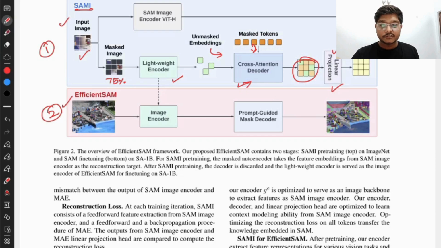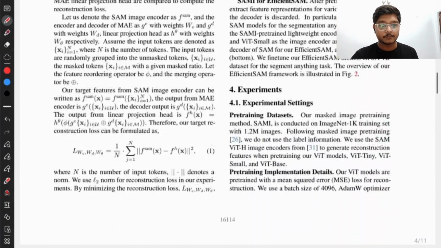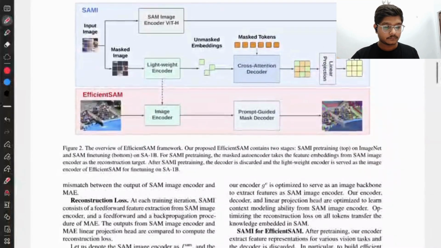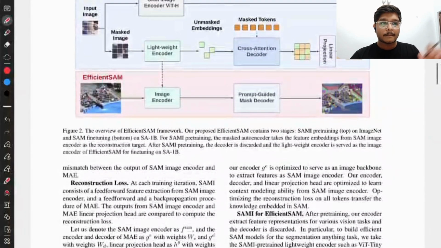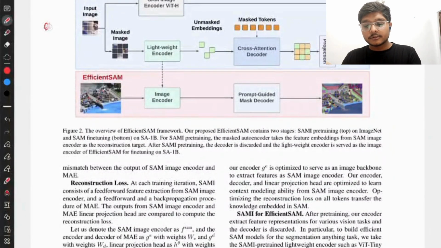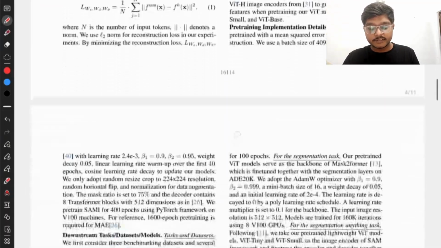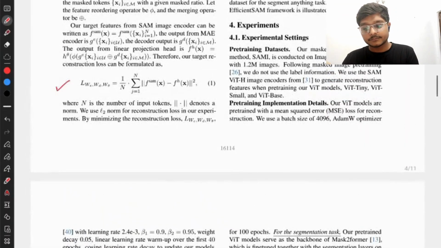Then comes stage 2. But first, let's look at the heart of this paper, the math behind it. Now that stage 1 is over, look at the brain of this learning process, the reconstruction loss. Here we use an L2 norm.